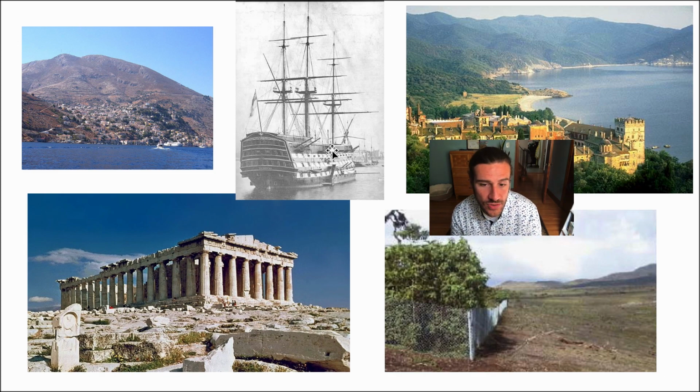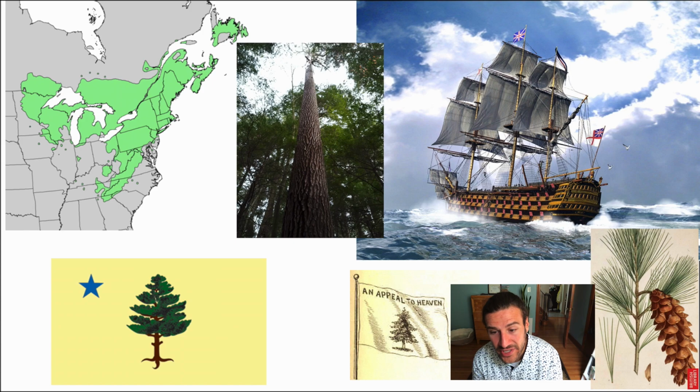Segueing back into the shipbuilders. So this was actually a main reason. Here's another picture of a British naval ship. A main reason why they even came to North America in the first place was that the original settlers had realized that there were massive trees up along the East Coast.